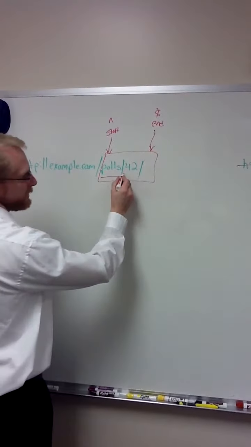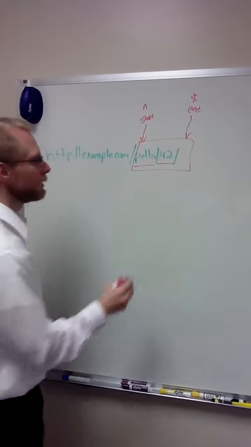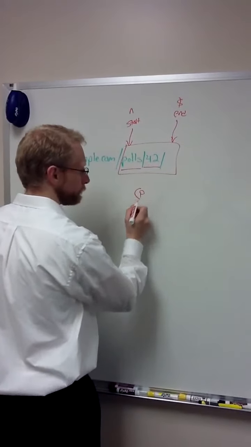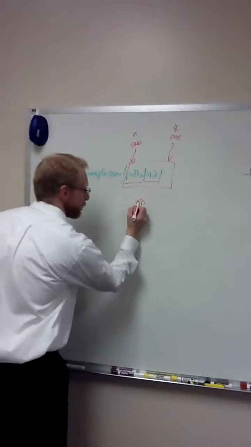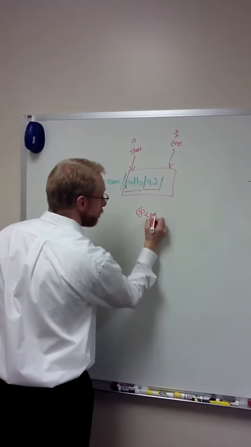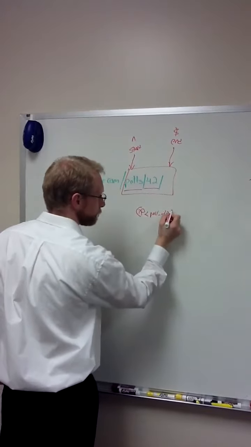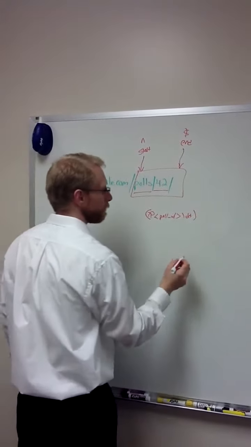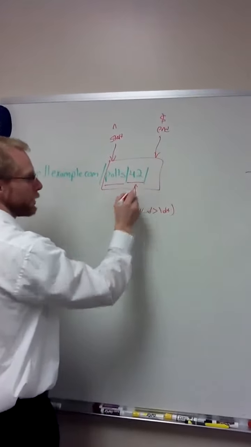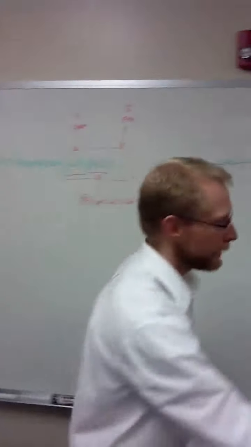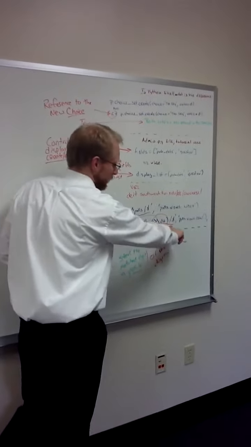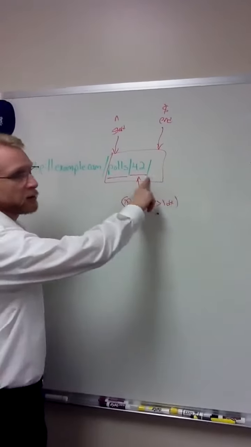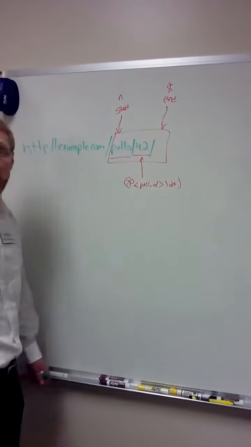The next part is that regular expression that matches a digit, which is there. So that regular expression matches that. And then the final part is a slash, which matches that slash, and then the $ sign, which indicates the end.